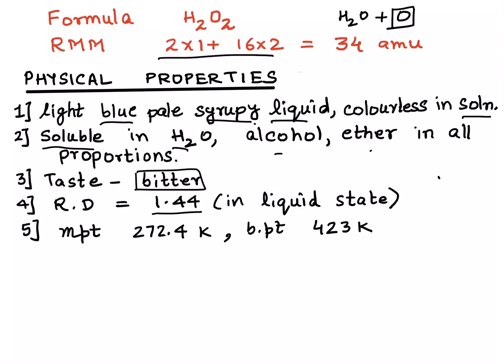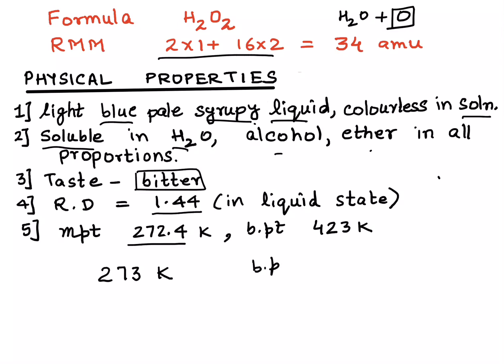Melting point. Melting point of hydrogen peroxide is 272.4 Kelvin compared to that of ice, which is 273 Kelvin. You see, they are close but not equal. Compare the boiling point.